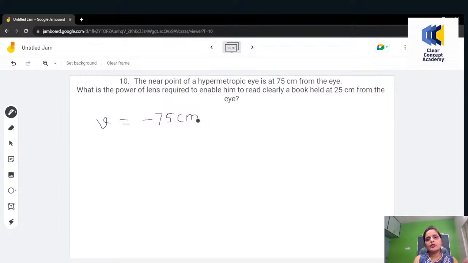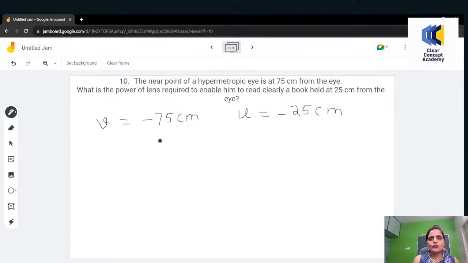Object distance is the near point of the healthy eye, which is minus 25 centimeter. What is the power of the lens required to enable him to read clearly a book held at 25 centimeter from the eye? So here they have actually given you the object distance, and which is coinciding with the near point of the healthy eye.